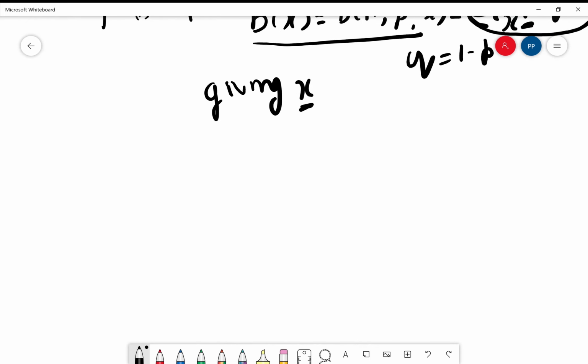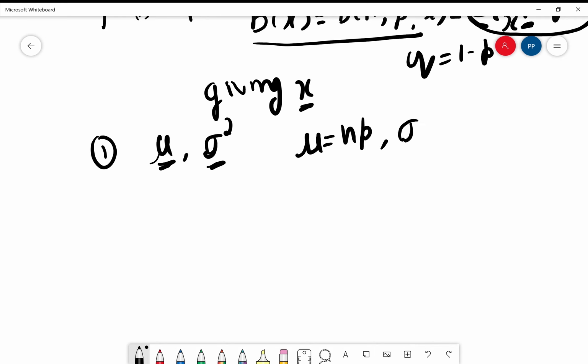In one kind of problem, you will be given the mean and standard deviation or variance. Then use the relations mu equals n into p, sigma square equals npq.